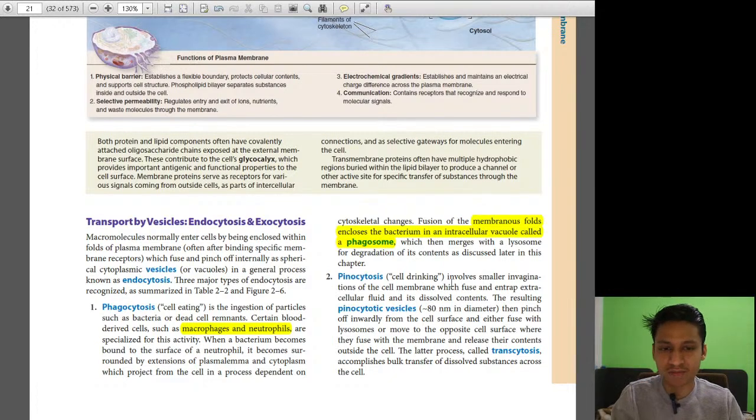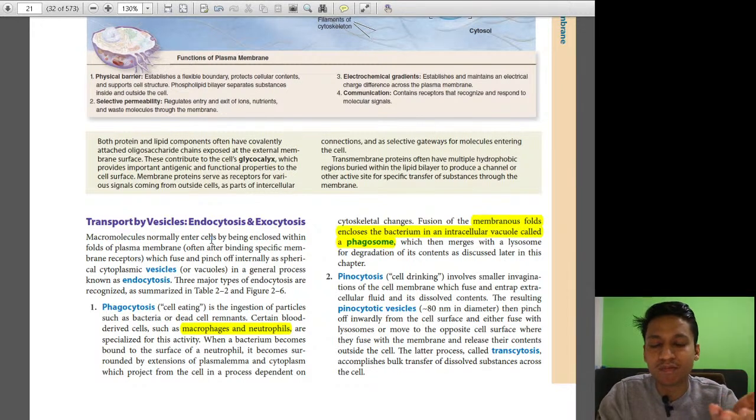Okay, let's go. Transport by vesicles. Vesicles, as we know from our basics, are basically a vacuole, material in the form of a circular vacuole. Let's see how these vacuoles are transported in and out of the cell. Macromolecules normally enter cells by being enclosed within a fold of plasma membrane, often following binding to specific membrane receptors, which fuse and pinch off internally as spherical cytoplasmic vesicles in a general process known as endocytosis.